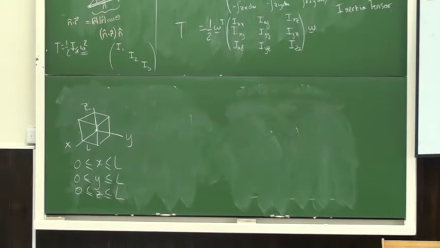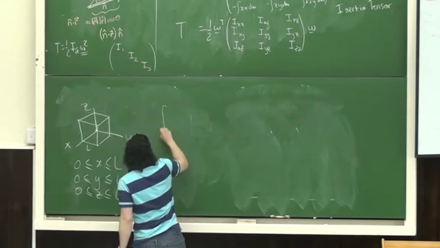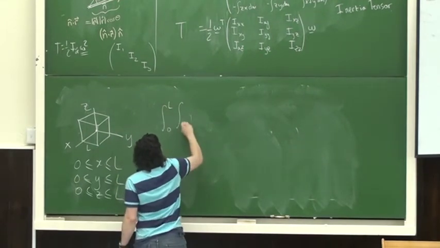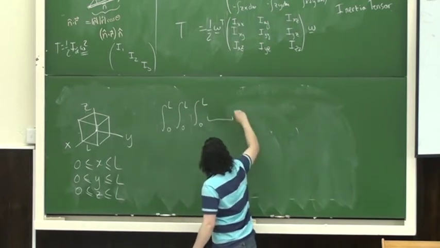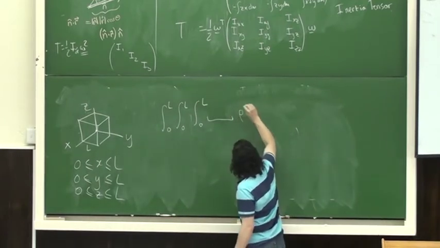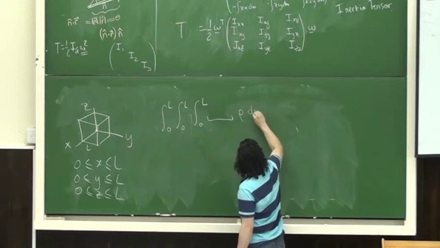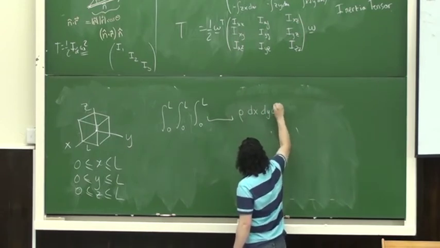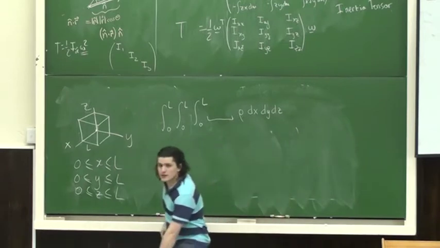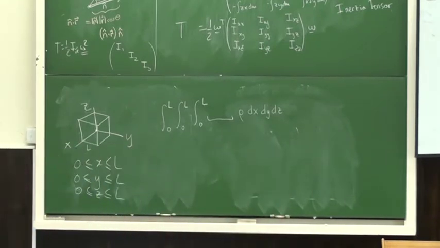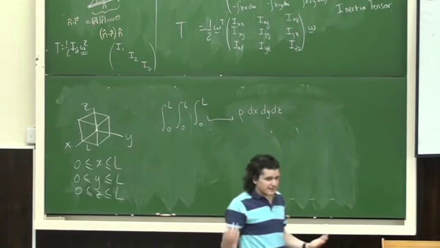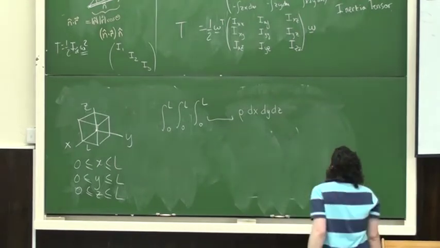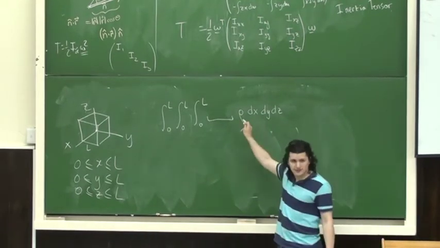So all of our integrals are going to look like this: integral naught to L, integral naught to L, integral naught to L of stuff times the density of the cube dV, which is dx dy dz. This is a uniform cube. The first thing we always do is compute the relationship between mass and density. If it's a uniform cube, density is constant.